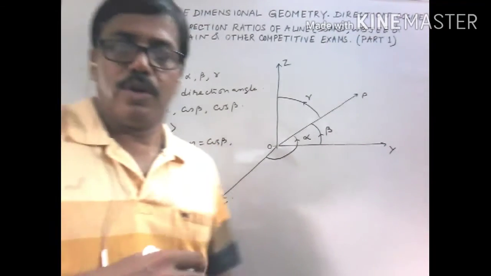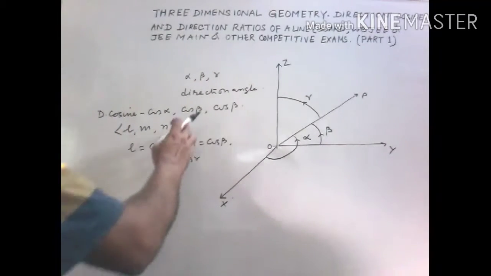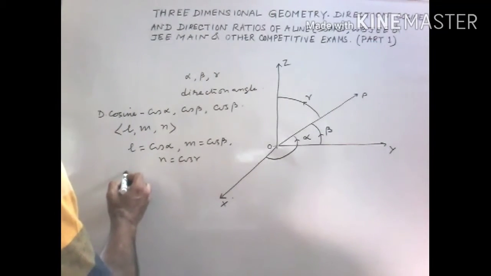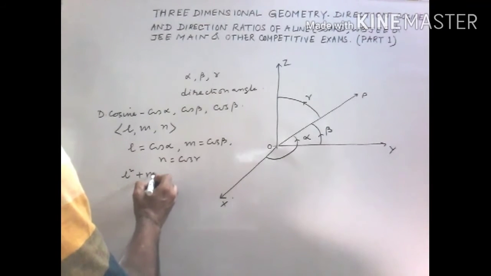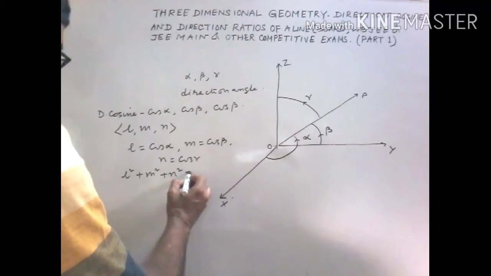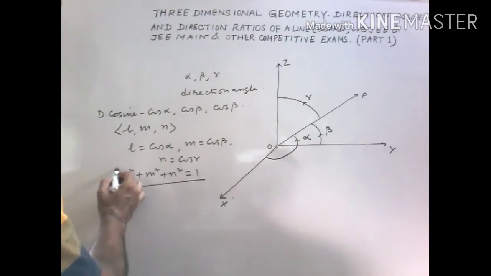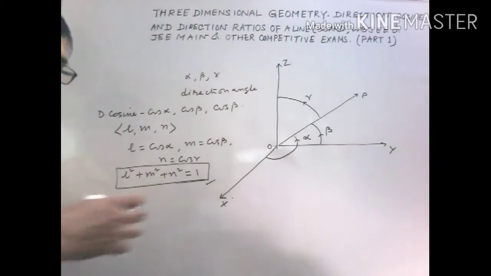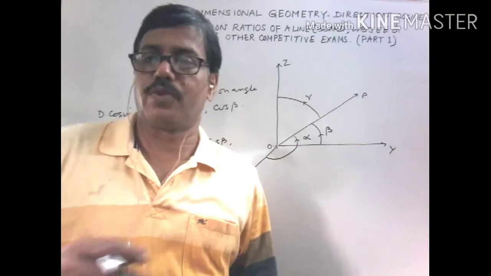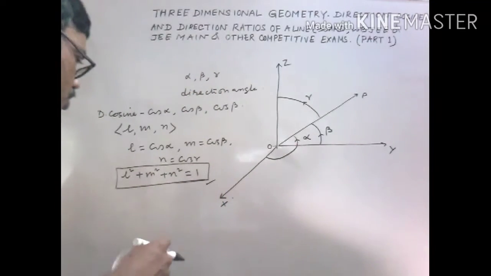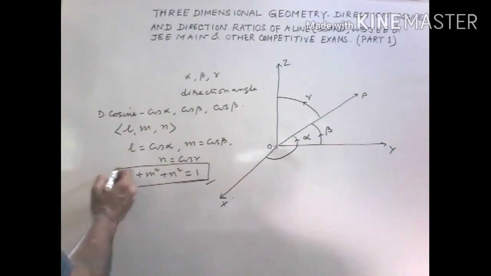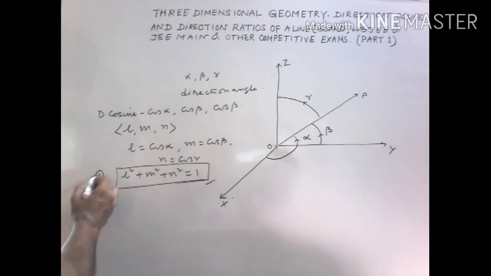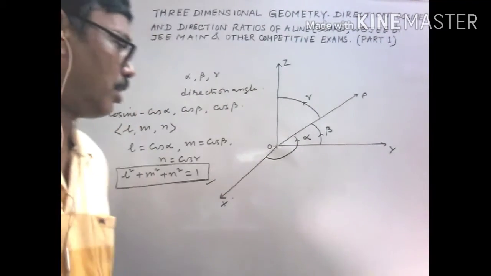What is the property relating L, M and N? Try to recall: L square plus M square plus N square equals 1. If L, M, N represent direction cosines, then L square plus M square plus N square equals 1. So this will be our working tool.